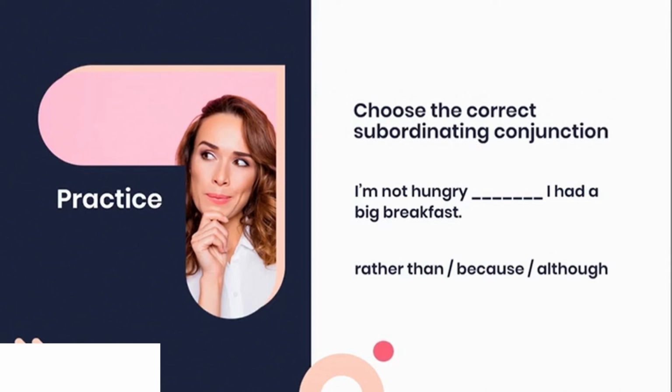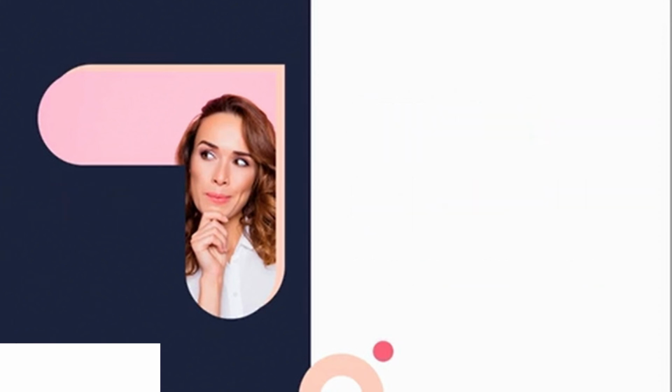The correct subordinating conjunction is because. I'm not hungry because I had a big breakfast. I had a big breakfast is a reason for not being hungry. So it makes sense to use a subordinating conjunction of reason, namely because.